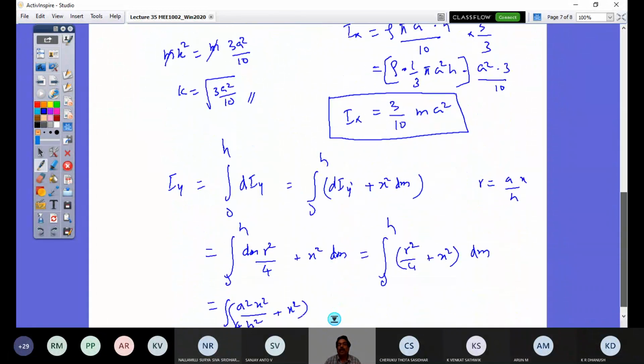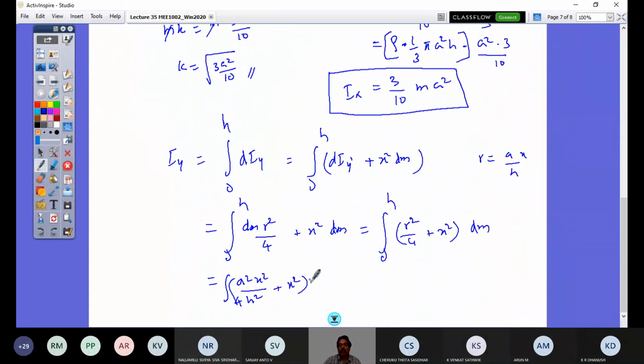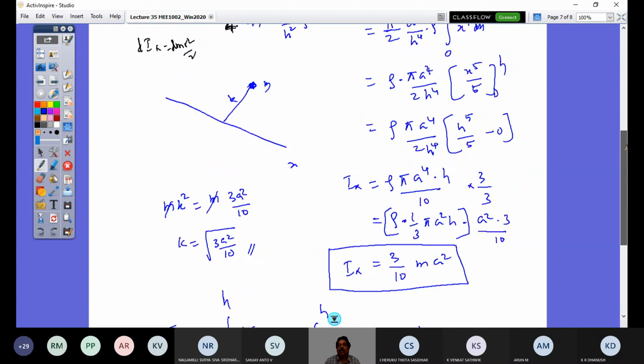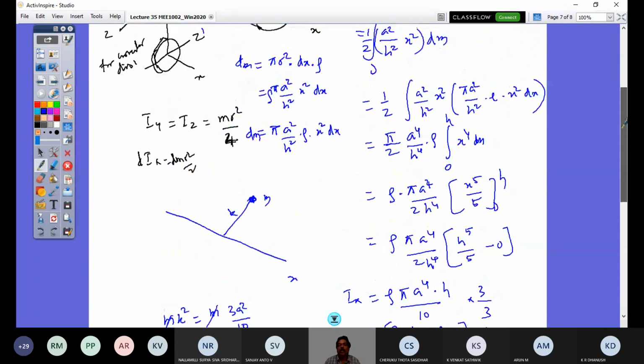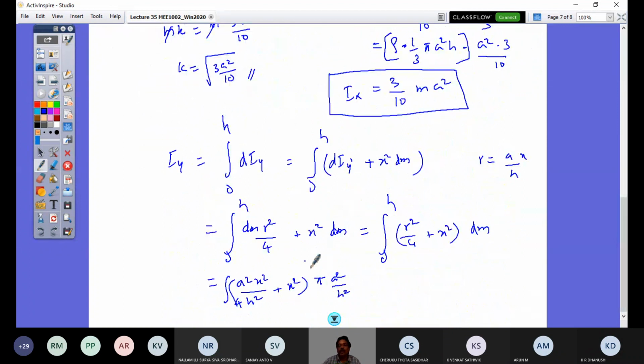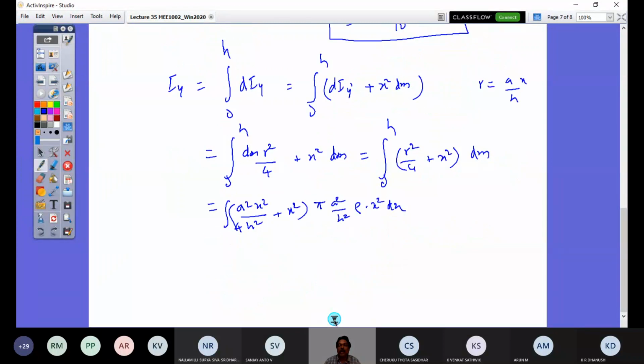That is dm. So this is what I have to carry out this integration.